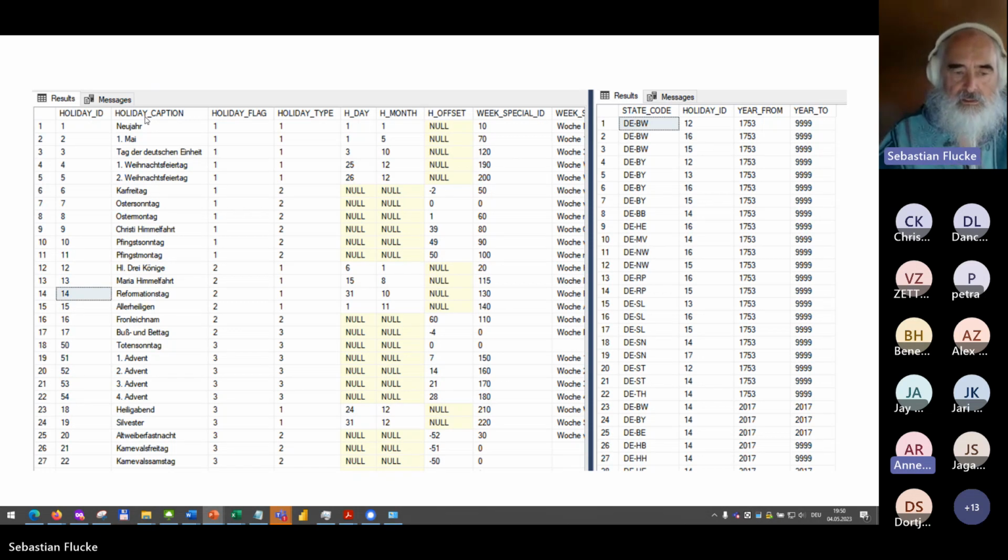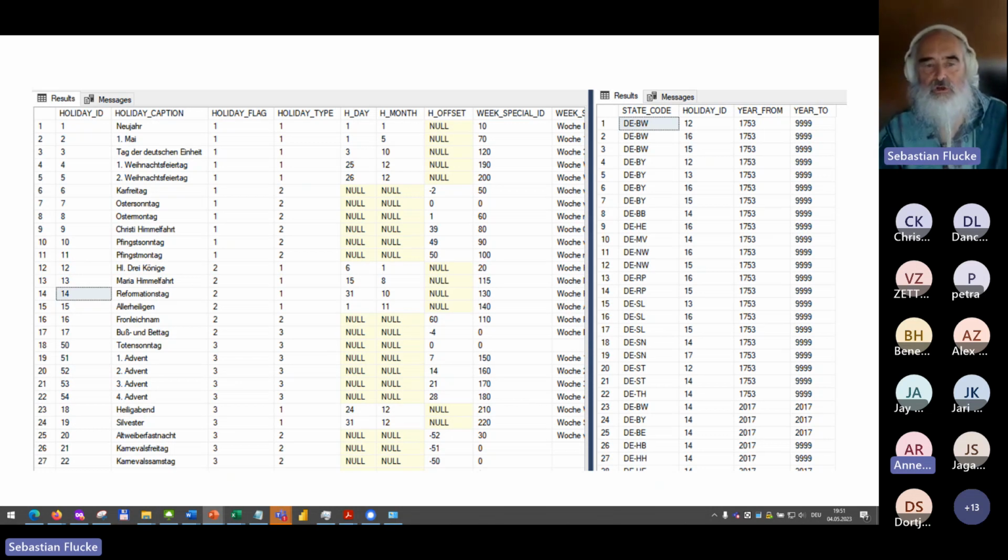I apologize again for the German wording here. And we have some technical information related to the mechanism to project those holidays onto a calendar table for a bunch of years. There is some special information here. For example, we have seen that function which calculates the Ostersonntag, that is the Sunday of Easter.